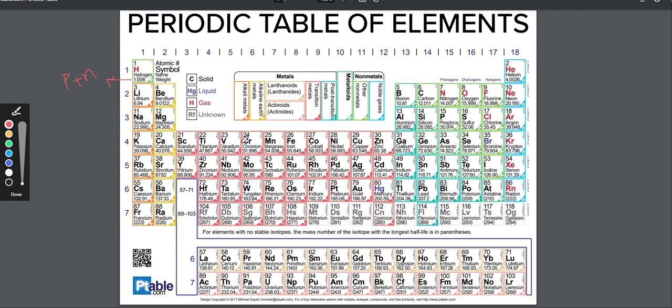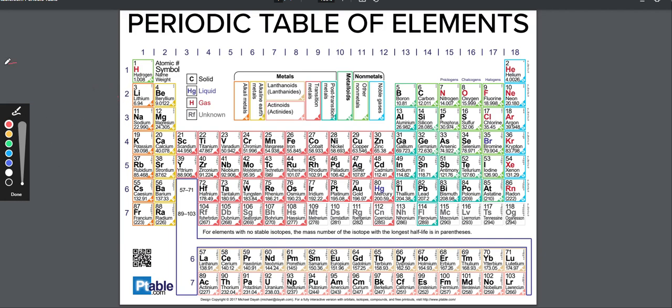If you were for example to look at lithium, lithium has 3 protons and has 6.94 when it comes to the atomic mass. So if you subtract 3 from 6.94, you will get the number of neutrons. Let me write this in a better way.